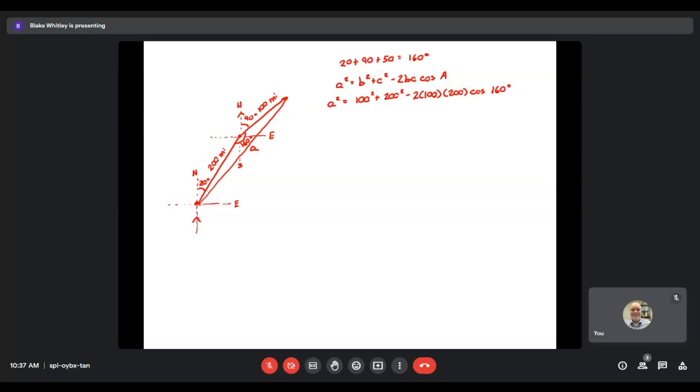Now this time we only have numbers on the right, so we can put all of that into our calculator. This should give us A squared equals 87,587.7.